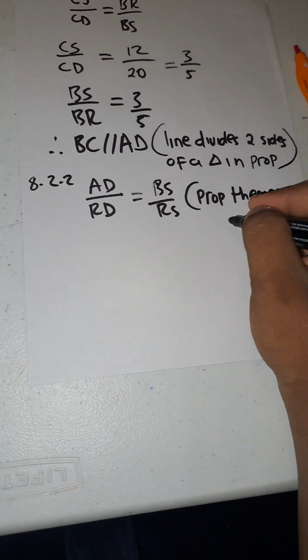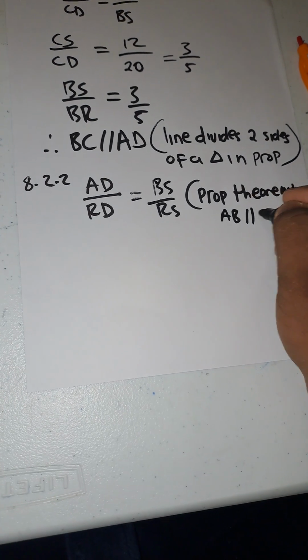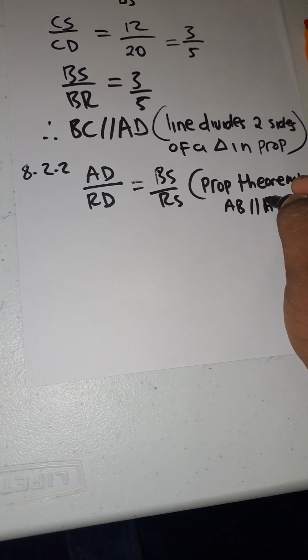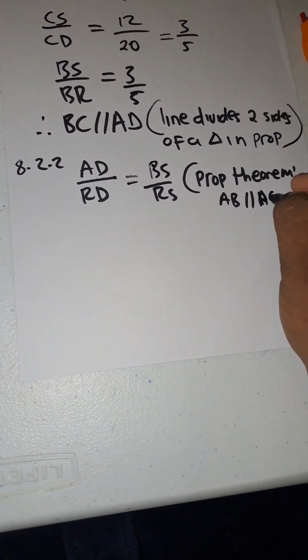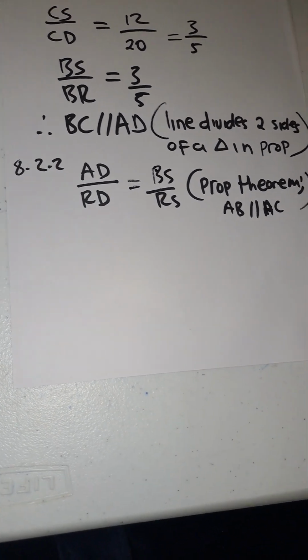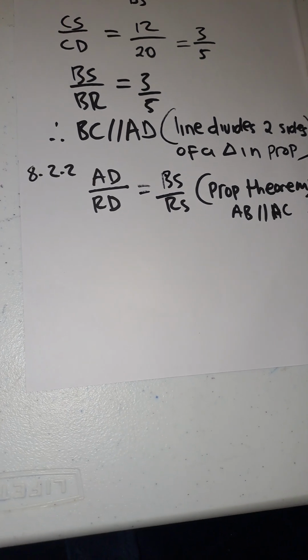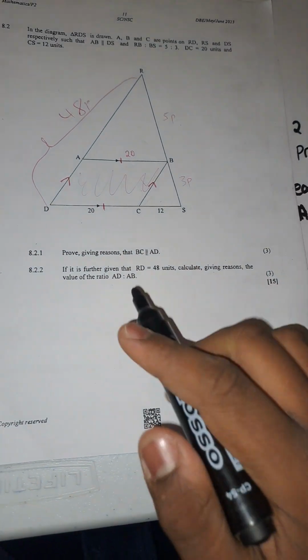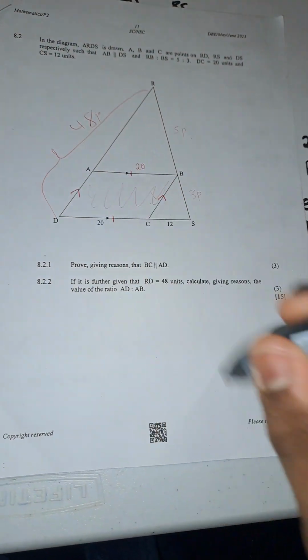But whereby AB is parallel to DS. DC, man. Just like that. Okay? Is it fine now? Let me check something there. What did I write here?